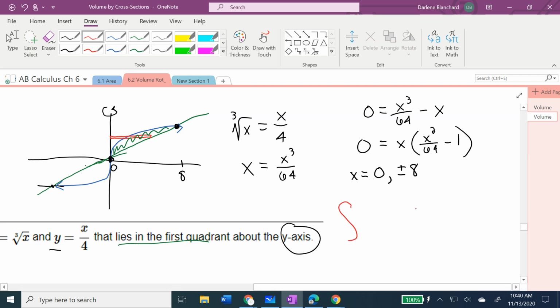That means that when I get ready to set the integral up, I need to know the y values of the intersection, and I just found the x values. So plug 8 into either of them and see that you get y equals 2.